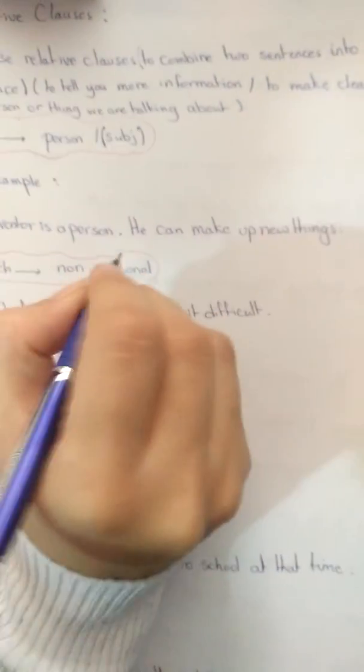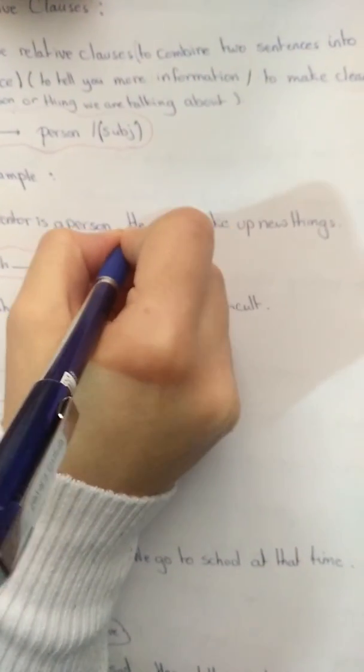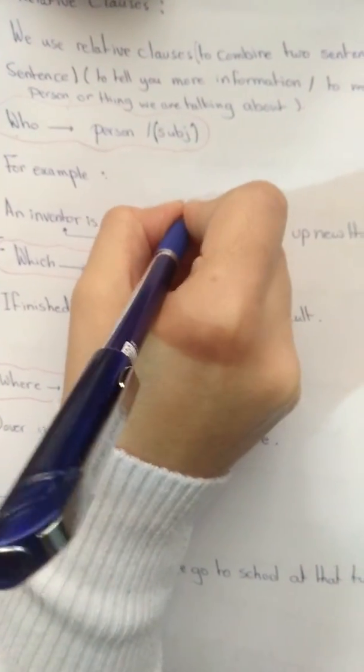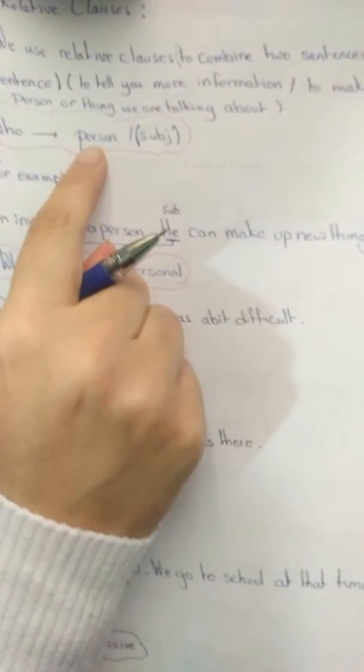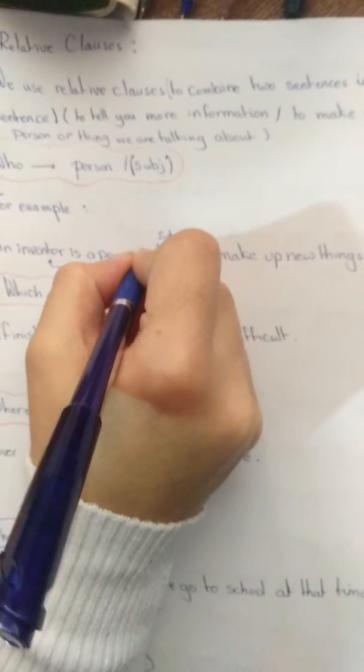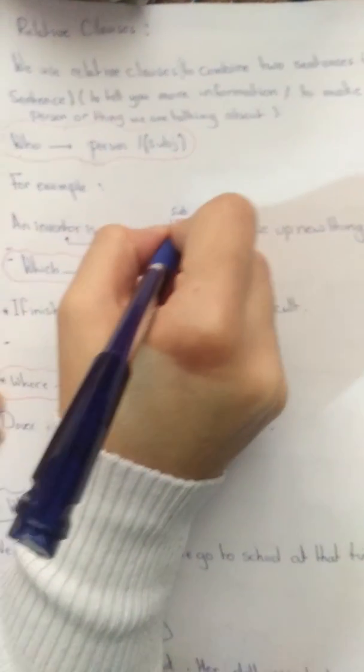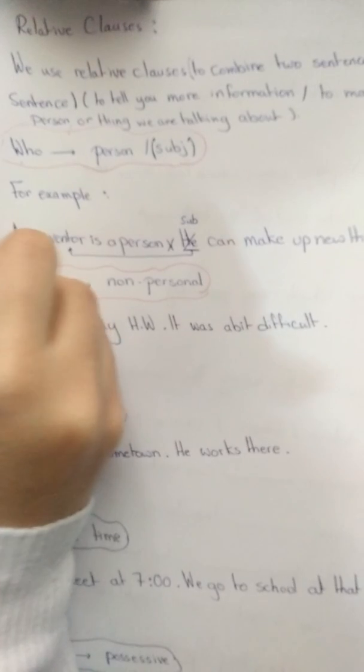The first thing we will look at is he. He refers to the inventor. He comes as a subject and is a person. What will I use? I will delete the dot and he, and we replace he with who.